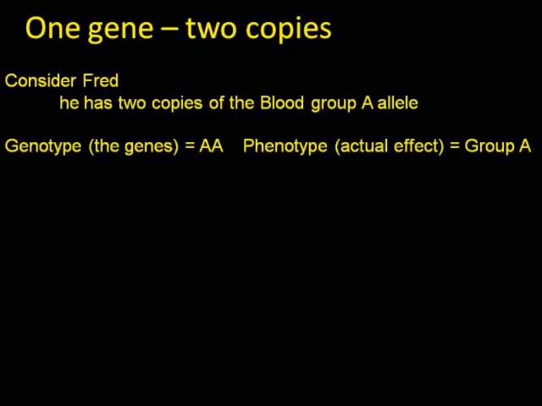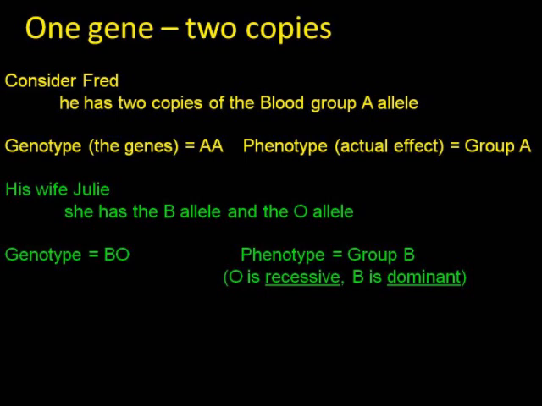So let's consider this situation. We've got Fred, who has 2 copies of the blood group A allele. He is homozygous for A. He has the genotype AA, and the phenotype, that's what he actually shows, is to have blood group A. His wife Julie has the B allele and the O allele.